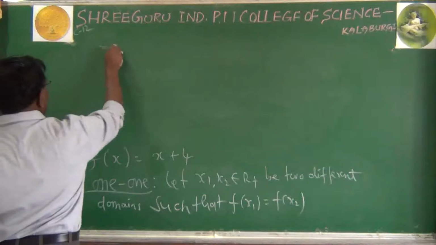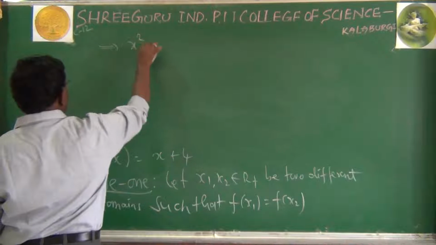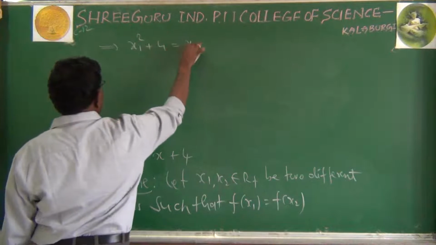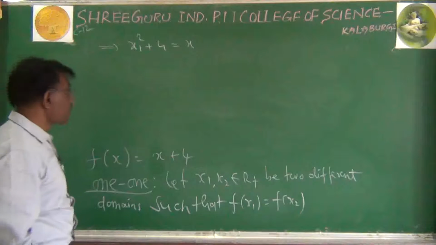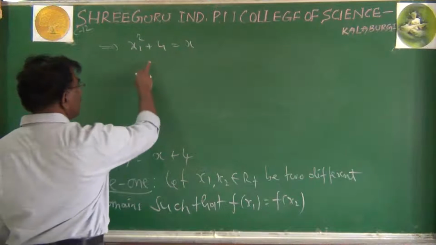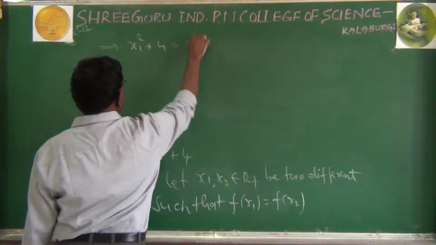So x1 square plus 4 equals x2 square plus 4.